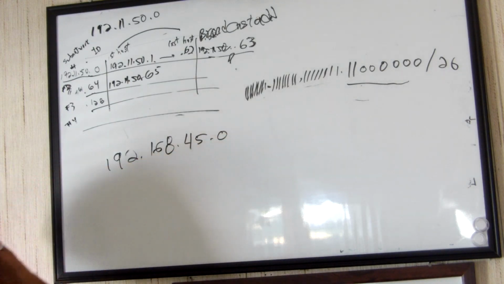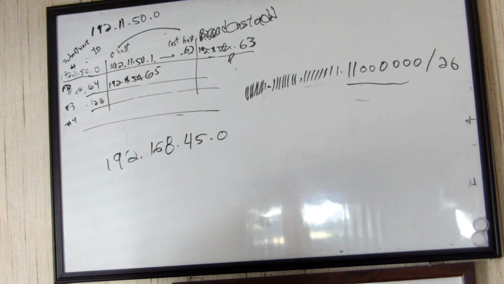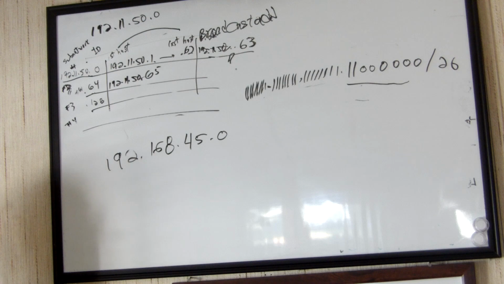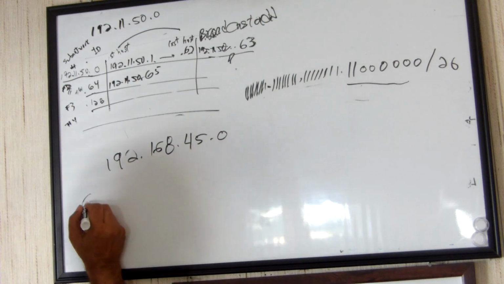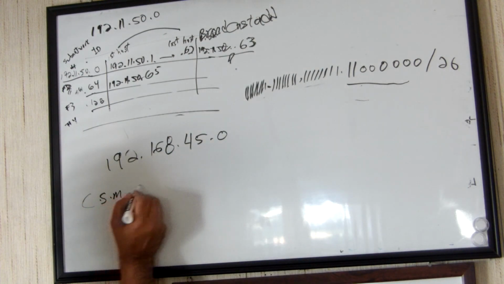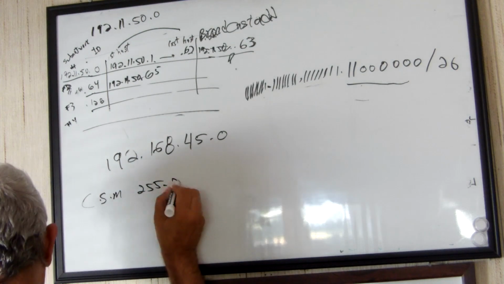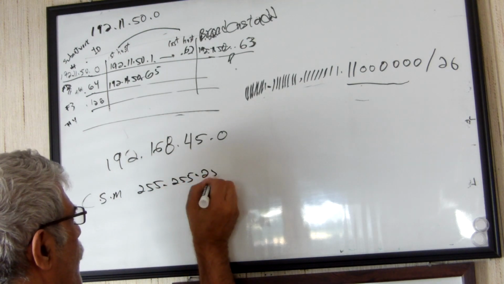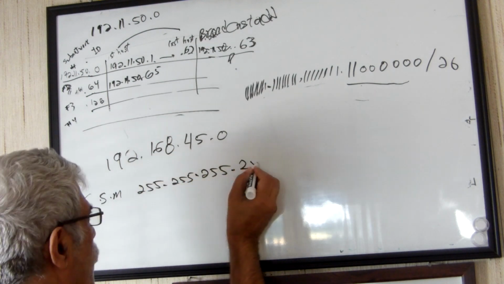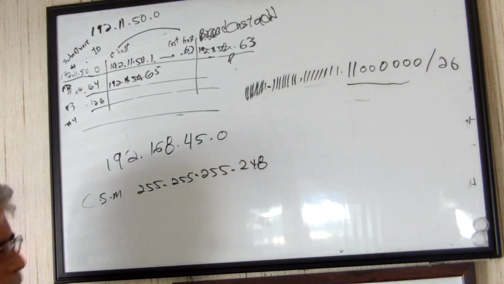This is the network ID. But they give you the custom subnet mask, which is 255.255.255.248. What does that mean?